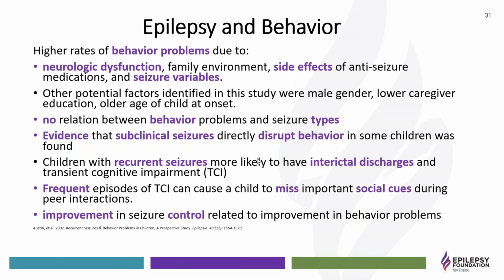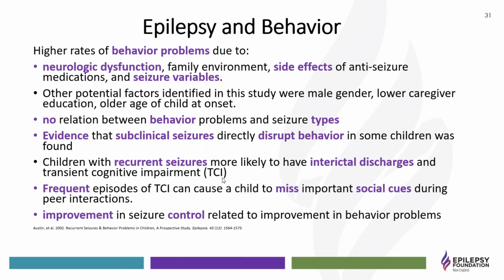Kids who do have uncontrolled or recurring seizures are more likely to have these in-between-the-seizure discharges. What they call it is a transient cognitive impairment, and it's really impairing their ability to learn when they're having these electrical discharges in the brain between seizures, all right?